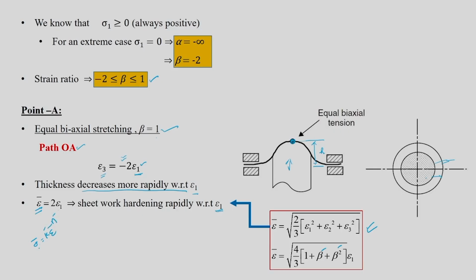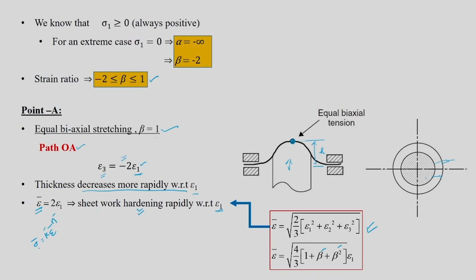You will see that the sheet work hardening is going to be rapid in this type of deformation. That means you have a component that is made, and at one particular location, let us say a set of elements are deforming in equibiaxial stretching, a strain path where beta is equal to 1, then in that location you will see thinning is going to be significant and work hardening is also going to be significant.